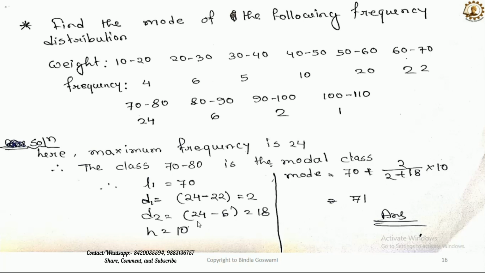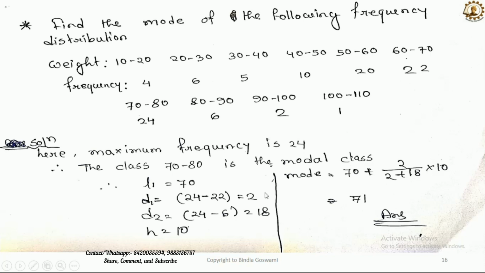Next, this is an example of mode. Here is the weight in classes 10 to 20, 20 to 30, and so on, and this is the frequency. You could see that the most frequent is 22.